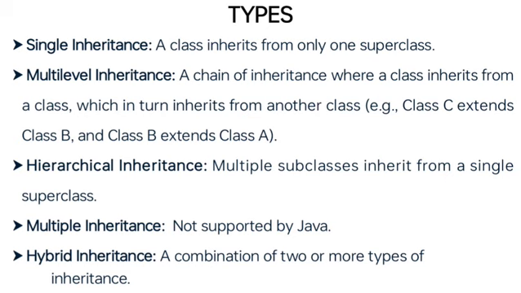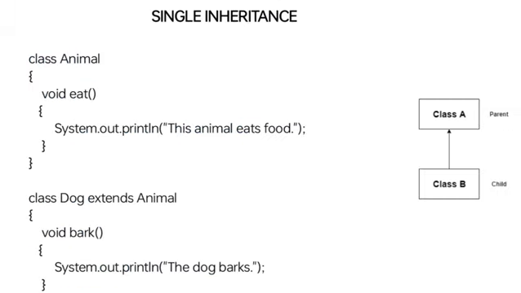In hierarchical inheritance, multiple subclasses inherit the properties of a single class. Multiple inheritance is not supported by Java. This concept is supported using the concept of interface, which we will discuss later. Hybrid inheritance is nothing but a combination of 2 or more types of inheritance.